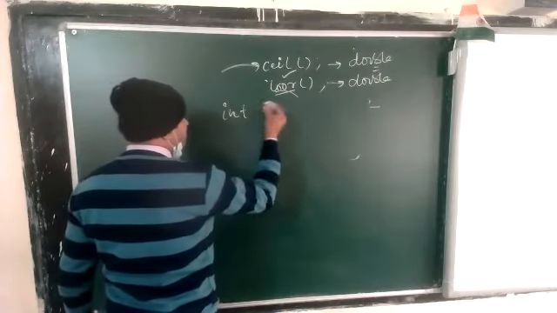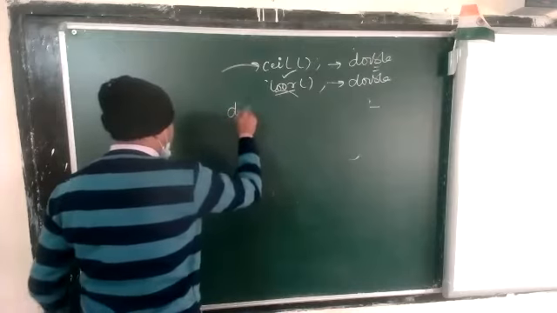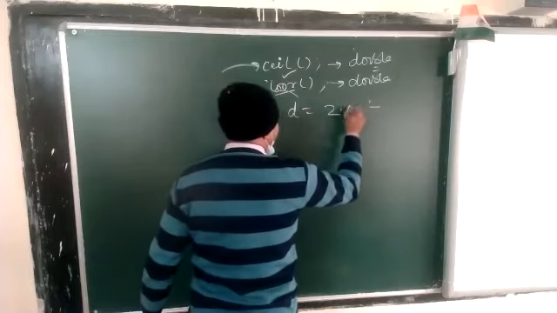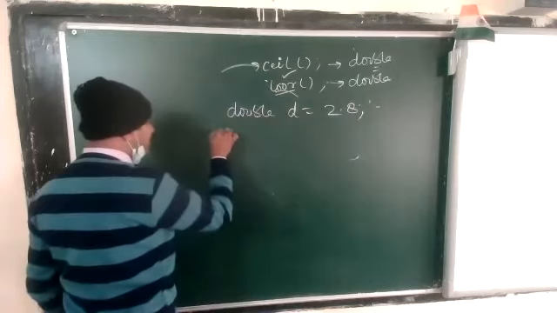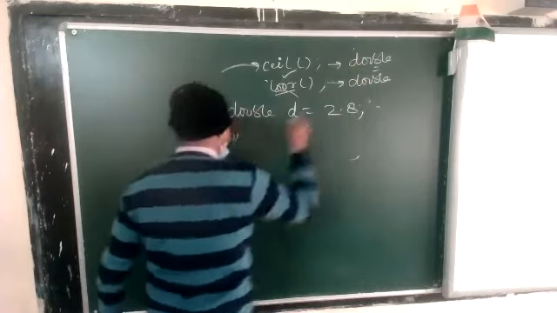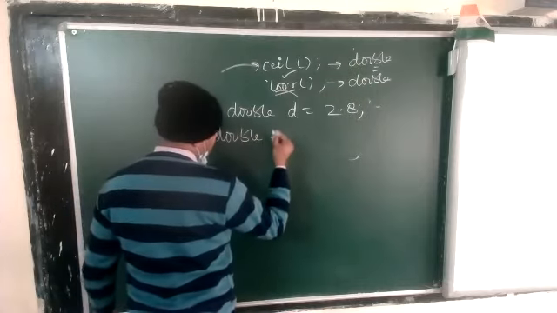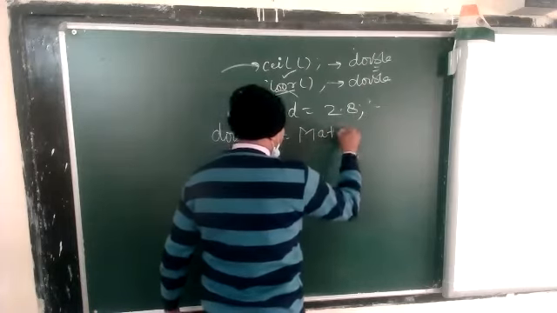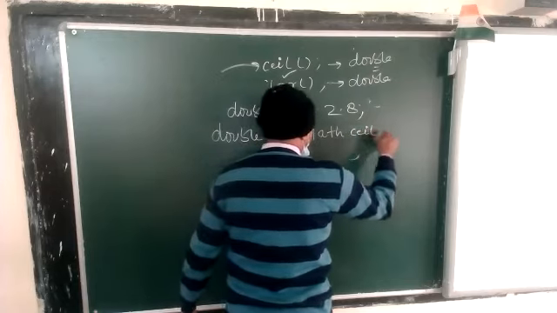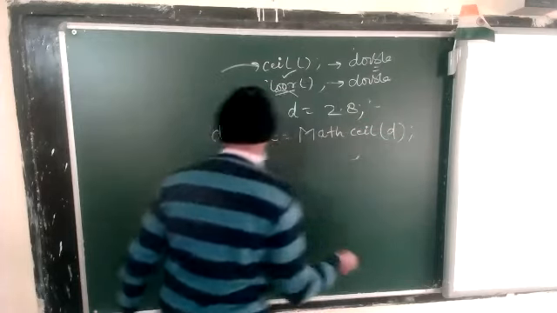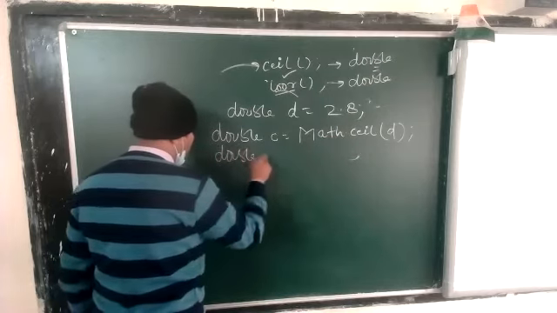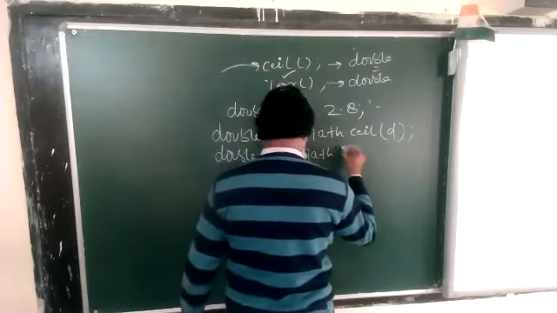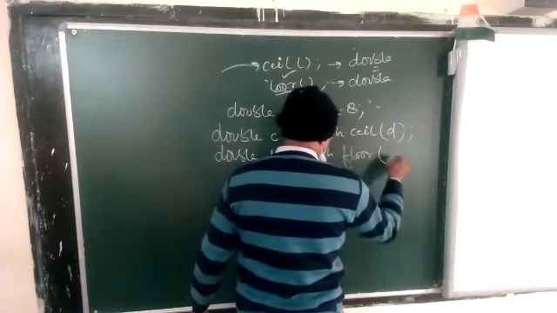So we can write these statements. double b equals 2.8, and since it returns double type, I need to write double c equals Math.ceil(b). One more statement I can write for floor: double f equals Math.floor(b).